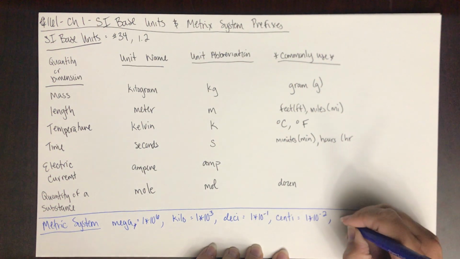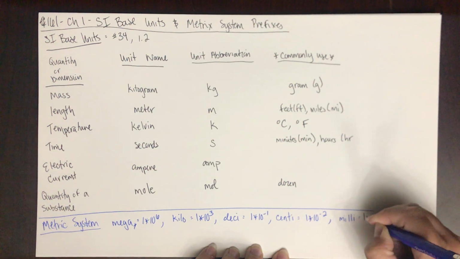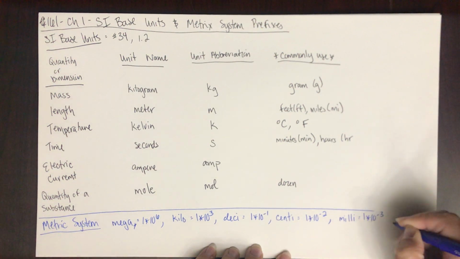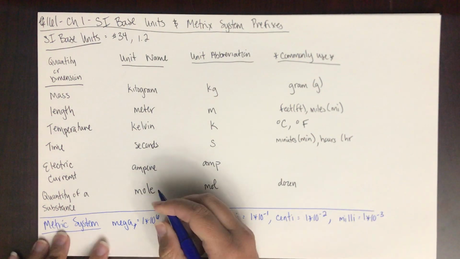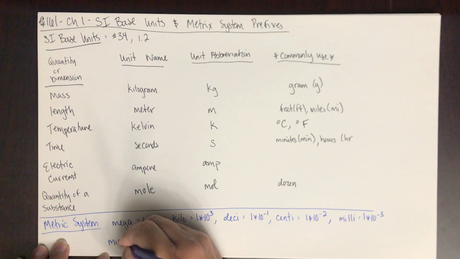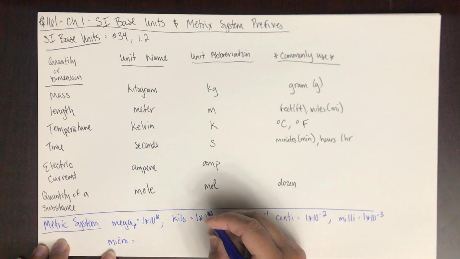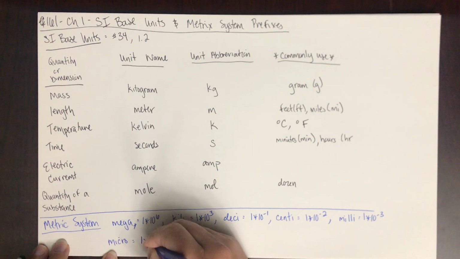And then milli is 1 times 10 to the negative 3rd, or 1/1000th. The next one you need to know is micro. Micro is 1 times 10 to the negative 6th.